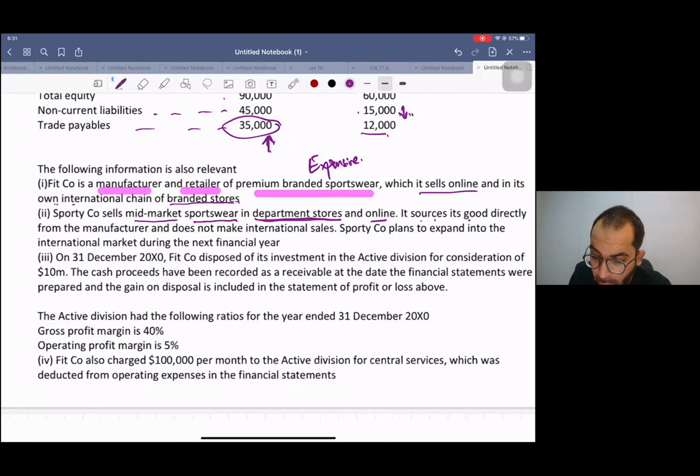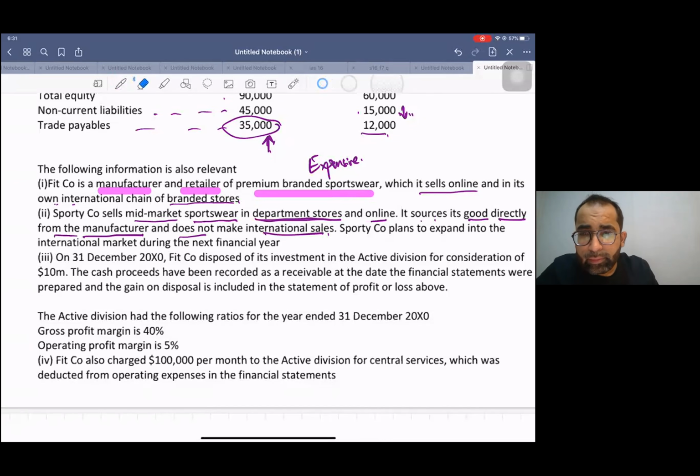Now, Fit company was the manufacturer. They are doing manufacturing themselves. The Sporty company sources its goods directly from the manufacturer and does not make international sales. See, they don't manufacture. They are acting like a middleman.